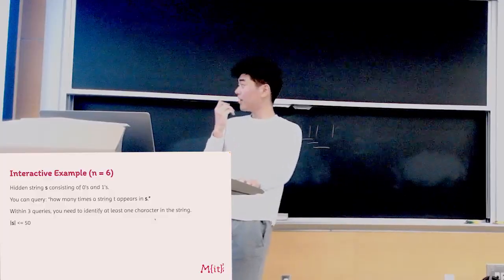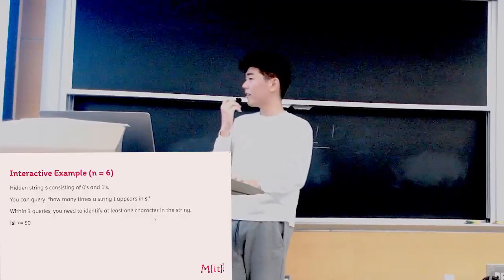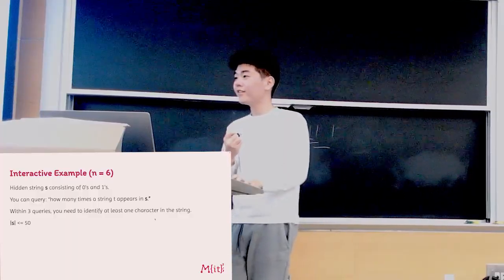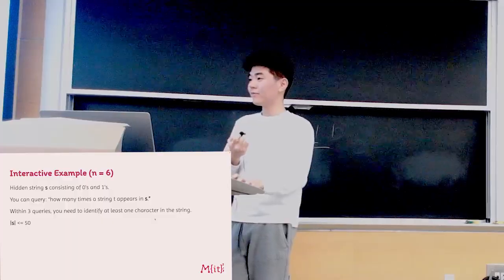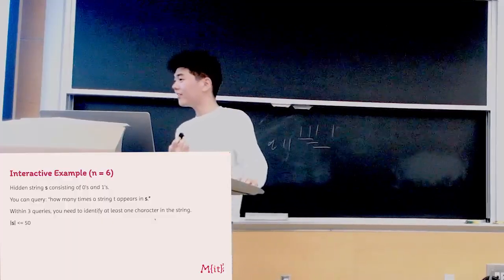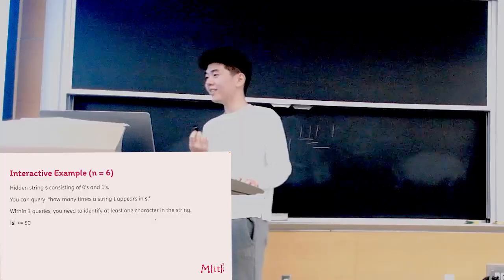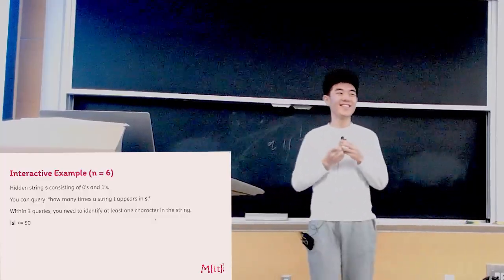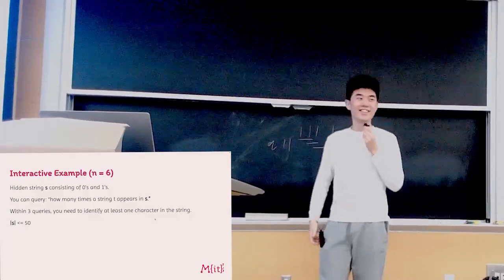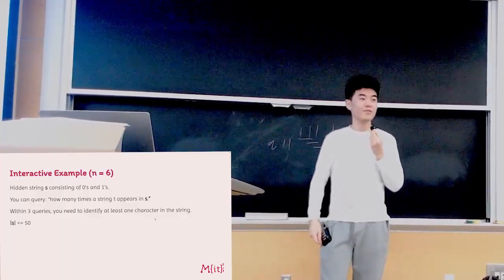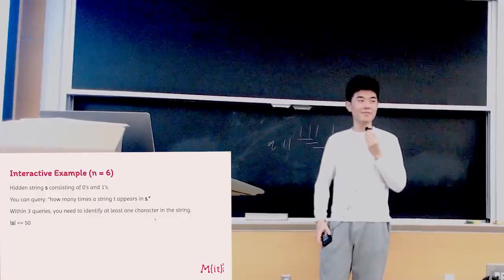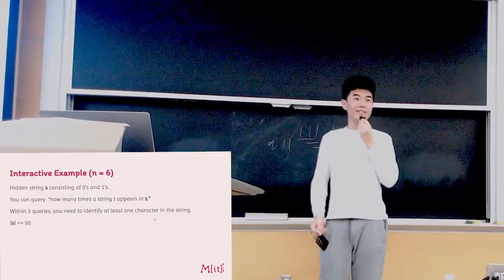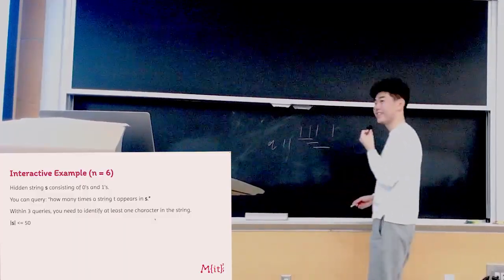If anyone wants, they can also try to figure out a string of length 3. Yeah, we could start. Okay, so anyone want to just give any query at all to start off? 101.